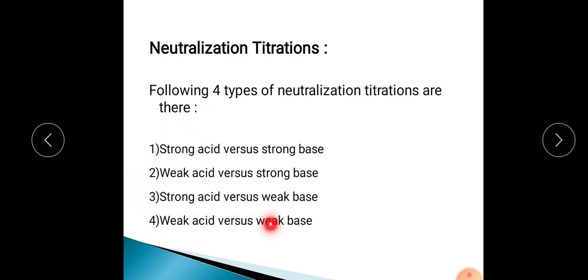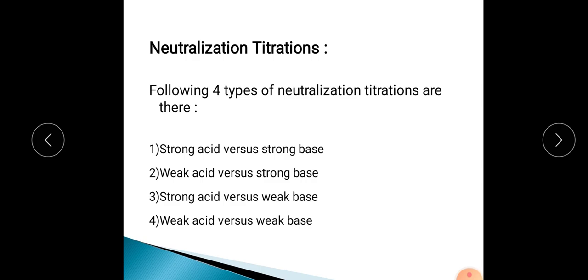Now this is actually based on the types of electrolytes. Friends, electrolytes are of 2 types, strong electrolytes and weak electrolytes. Based on that, the acids and bases are also categorized as strong acids, strong bases, weak acids, and weak bases.